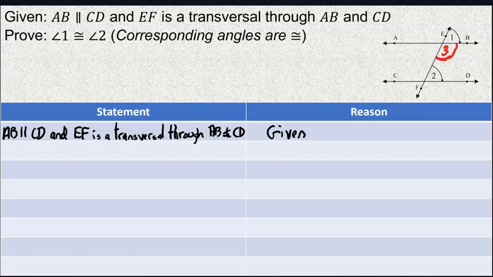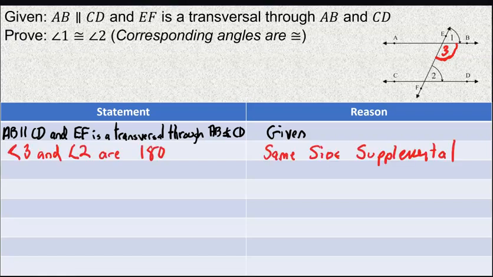So let me get started. The first statement I'm making is that angle 3 and angle 2 are 180 degrees. And that is because they're same side supplemental.